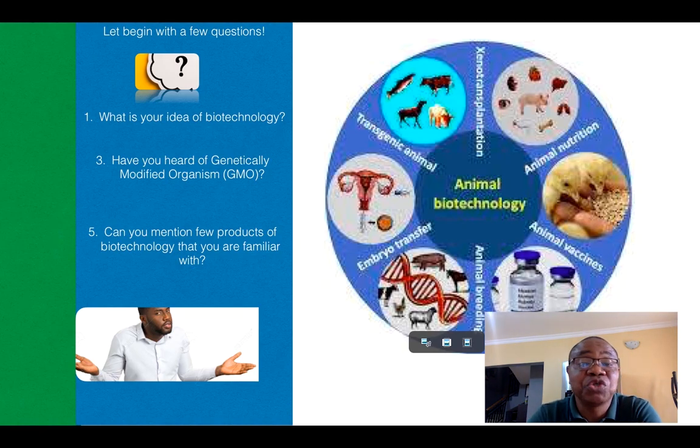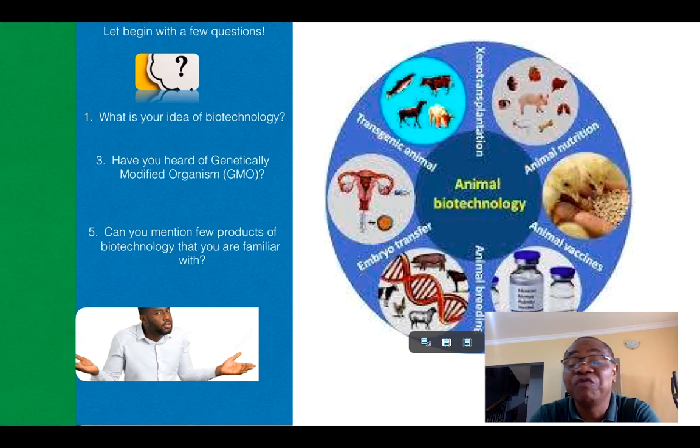If you look at the picture very well, you will see that biotechnology is all about many things that we do day to day. The embryo transfer that brings about test tube babies, the animal breeding that we do so that they can have sustainable growth. You can just see animals growing faster than normal. It's all about biotechnology.